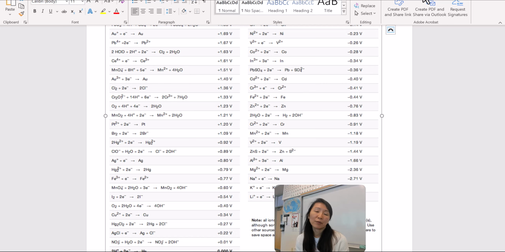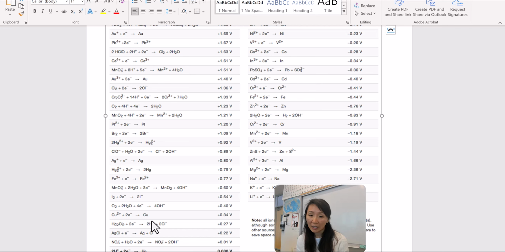In this reference sheet, it's going to show the standard cell voltages if they were to go through a reduction process. None of these are in oxidation process. But in our half cells, one had an oxidation process and the other one a reduction process. So let's look at copper, the one that went into an oxidation process. Here, if it were to go reduction, there is copper 2 plus with 2 electrons forming copper.